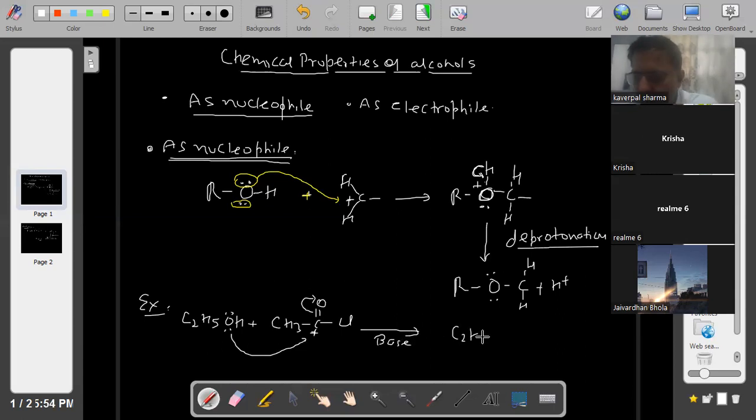Then C2H5O similarly, and then H as you know, then Cl, and then CH3, and here is O. This is the oxygen. In such a way, this oxygen, whatever electron it got, it will return it back.